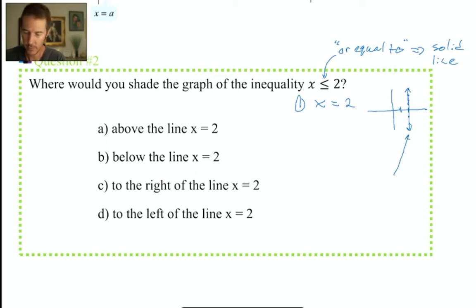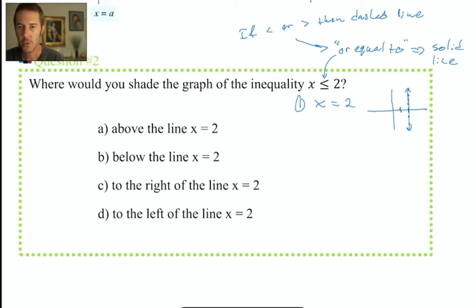So you could put another little note in here that says if strictly less than, or if strictly greater than, then dashed line. And I'll make sure that we work an example where we have to do some of our graphing using a dashed line.